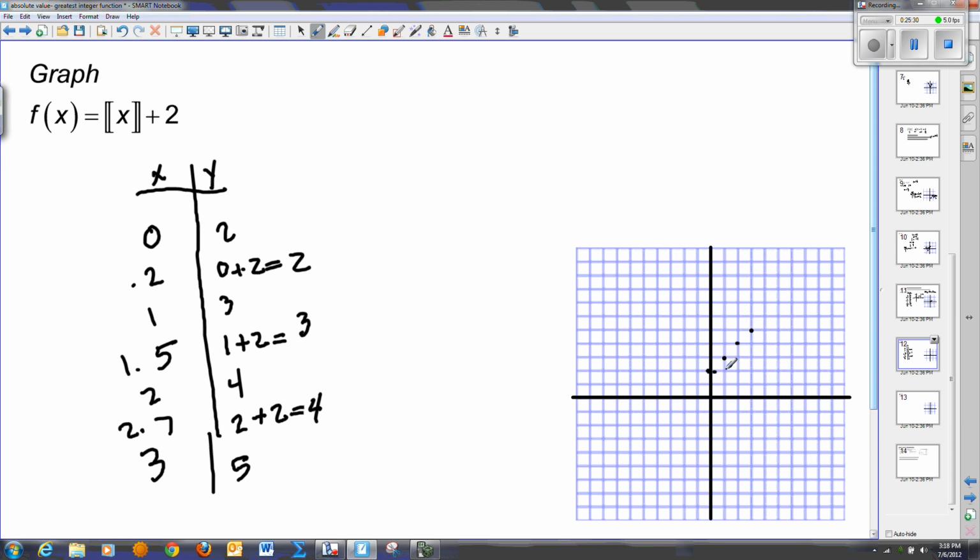And I know that any decimal between there is going to give me a value of 2. So I open circle and connect the dots. In between 1 and 2, I'm going to get a value of 3 every time until I actually get to 3, in which case I get a value of 4. So again, there's my step function.